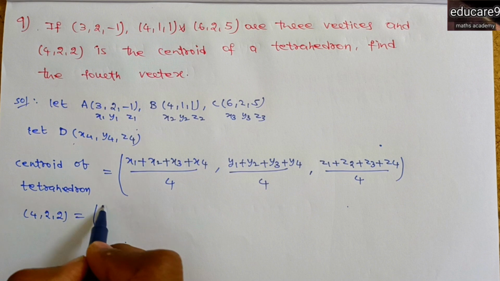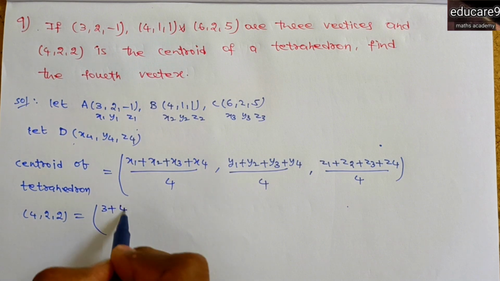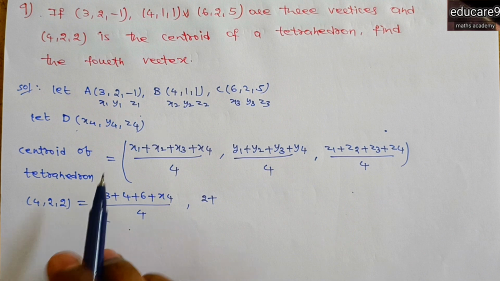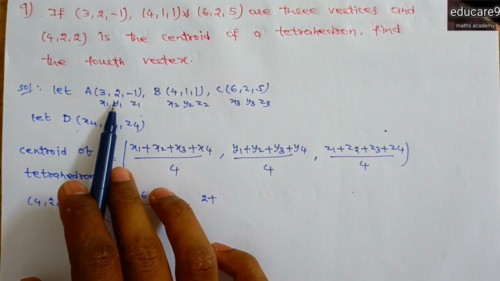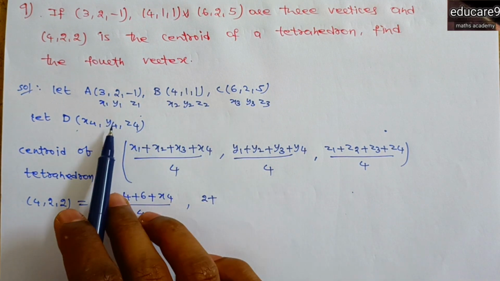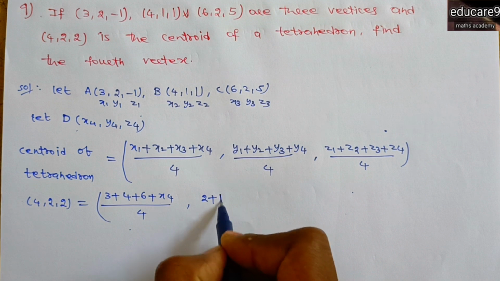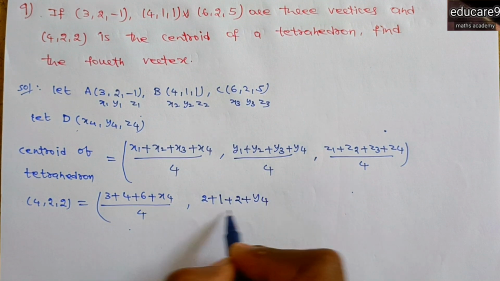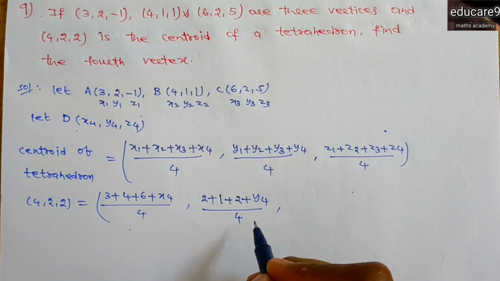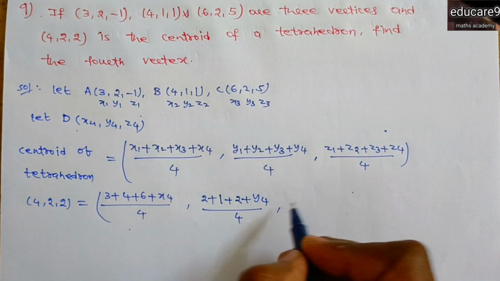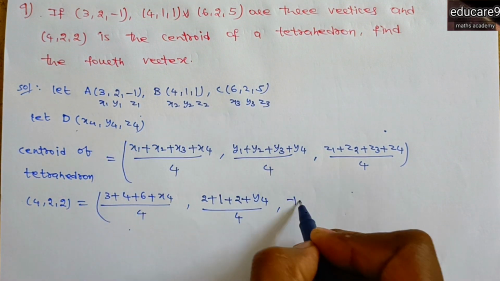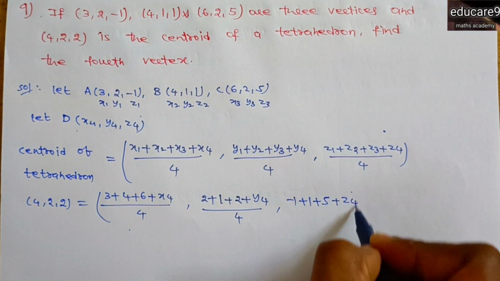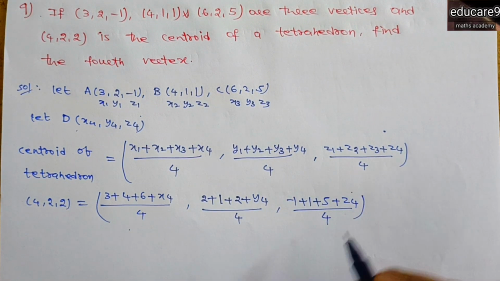First the x coordinates: 3 plus 4 plus 6 plus x4, and the y coordinates: 2 plus 1 plus 2 plus y4, divided by 4, and the z coordinates: minus 1 plus 1 plus z4, divided by 4.